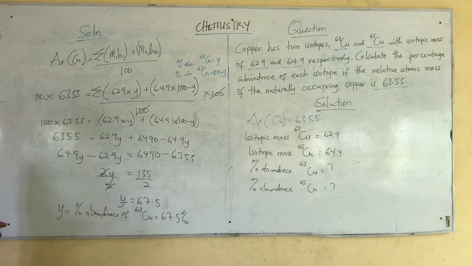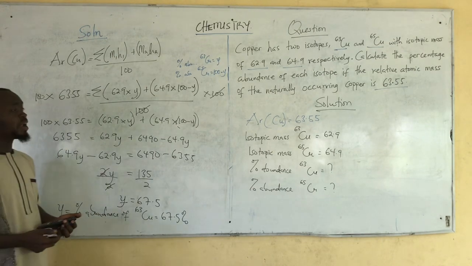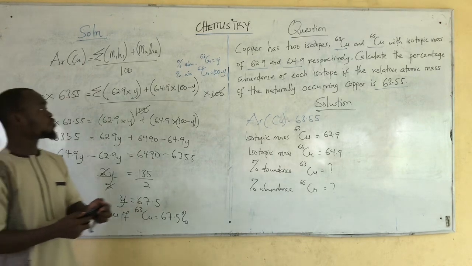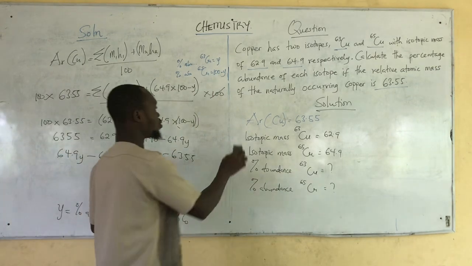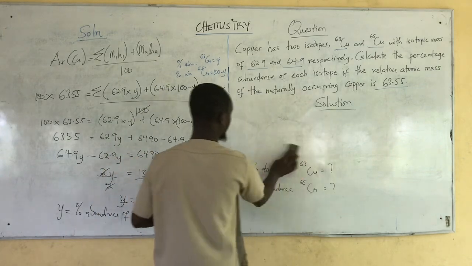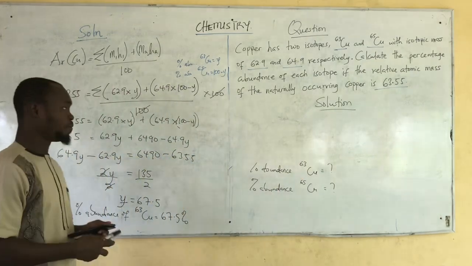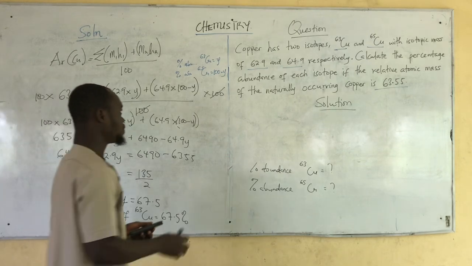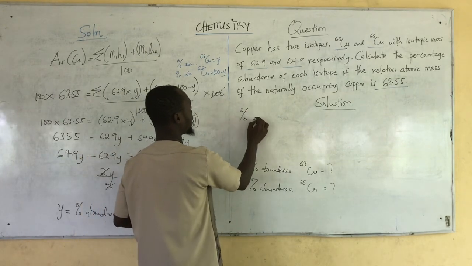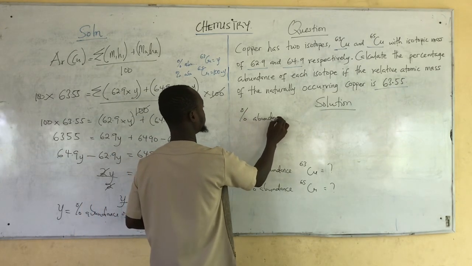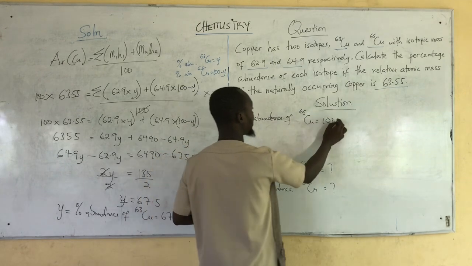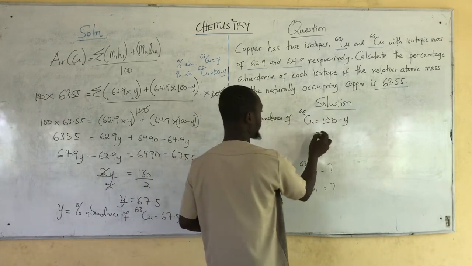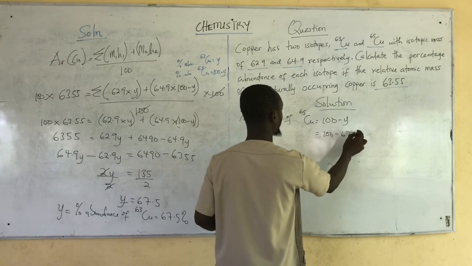How do we know the abundance of the second isotope, that is copper 65? So we said the abundance of copper 65 is also equal to 100 minus Y. So we now know Y. So the percentage abundance of copper 65 is equal to 100 minus Y. And we already know Y to be 67.5.